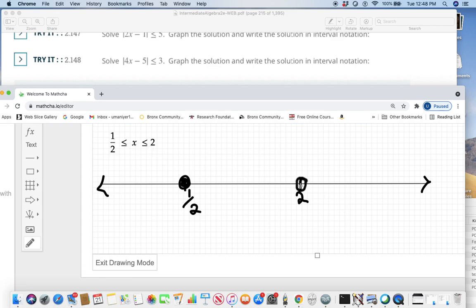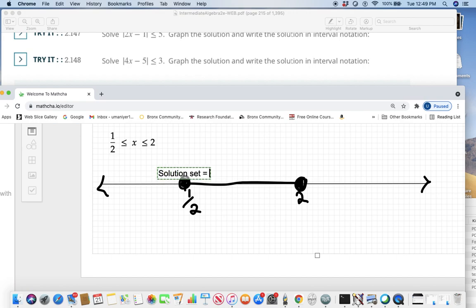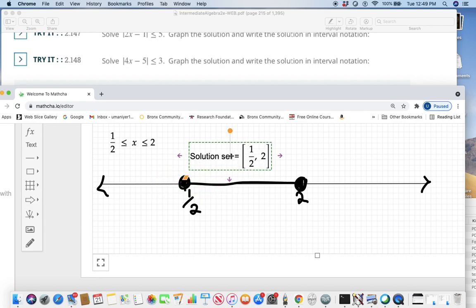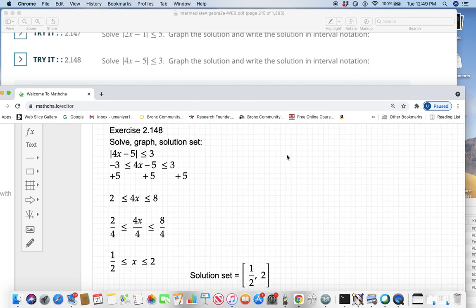So that's also a filled in point. And x has to be between these two endpoints. Okay. Solution set in interval form. That's half, and included, so that's a bracket, comma, that's a 2, that's also a bracket. Okay, we will continue in our next video.